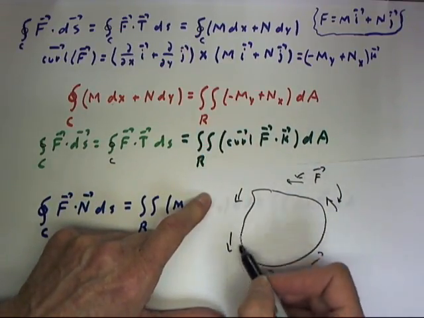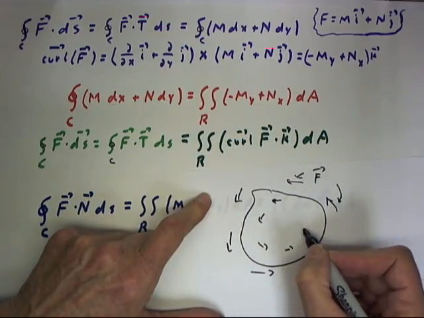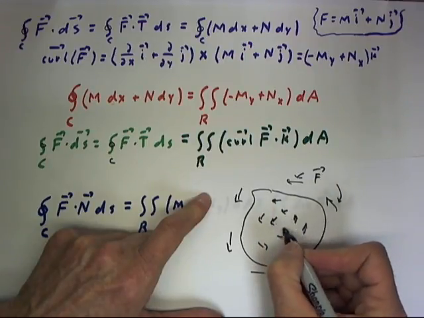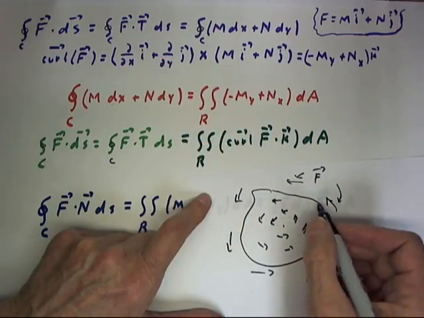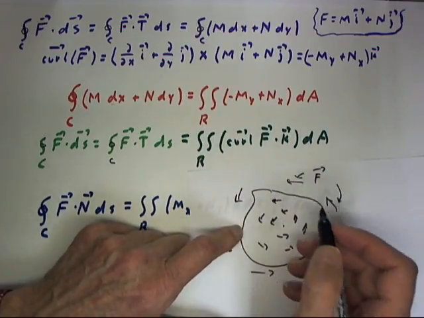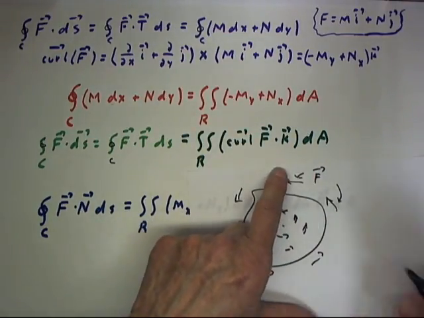And if we have circulation about some point within this region, then that circulation is going to imply that the curl integrated over the region is going to be non-zero.